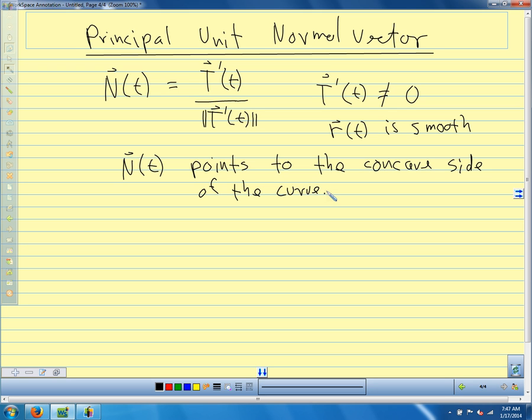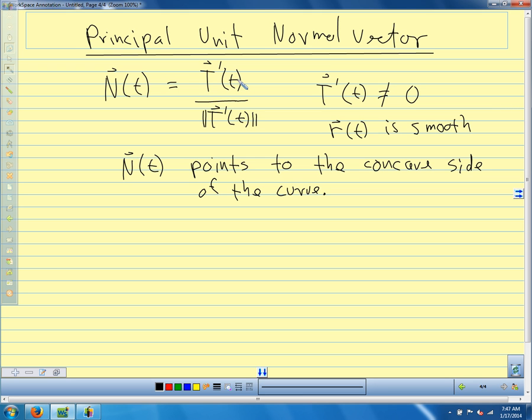And we could also think of it as pointing in the direction that the curve is turning. So our principal unit normal vector comes from normalizing t prime, and it's going to point to the concave side of the curve or point in the direction that the curve is turning.